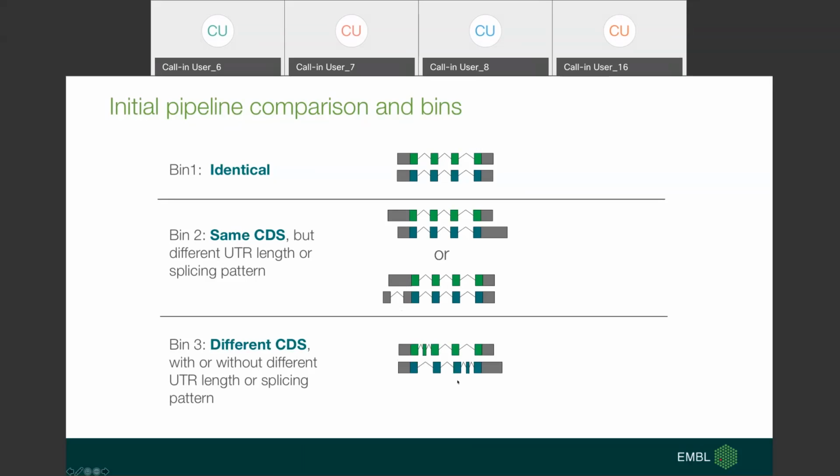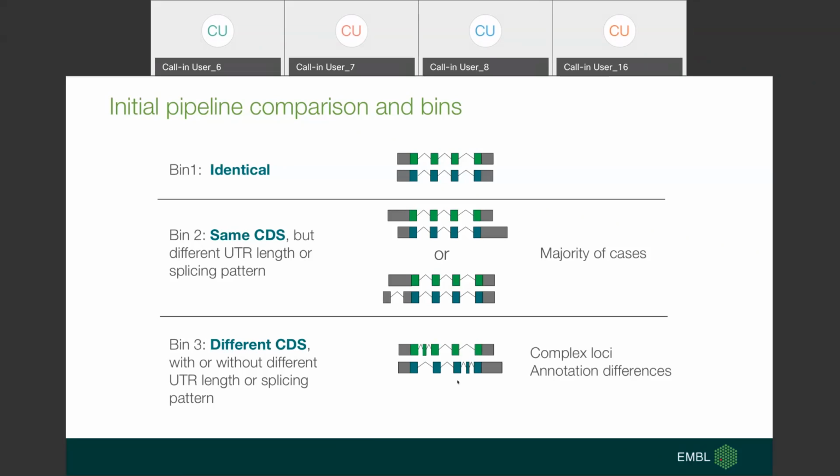And so the first thing to note was that the hoped for bin 1 was actually the smallest bin. The second bin ended up being the largest bin, where the vast majority of cases were actually in this one here, where the only difference was in the UTR. But we found a good number of genes in the third bin where the differences were at the CDS level.